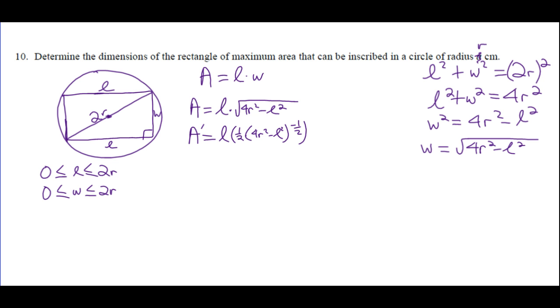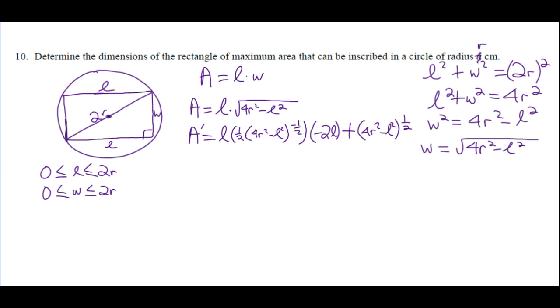We've got a negative 2L in here. Negative 2L plus the square root of, well, let's just write this as 4R squared minus L squared to the 1/2.